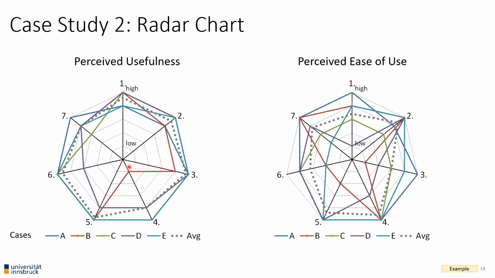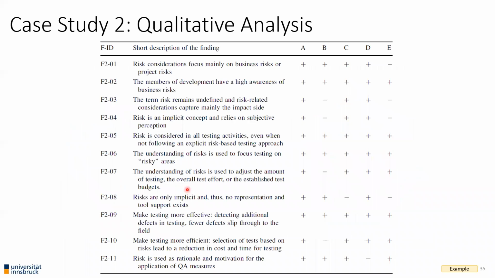You can see here the different radar charts showing for each step in the process how useful it was on a scale from very low to very high for each of the 5 companies. And you can interpret this. For instance, it was very interesting that one aspect was low and we dug deeper. So just so you see, you can do some visual analysis, whatever that is in your setting.